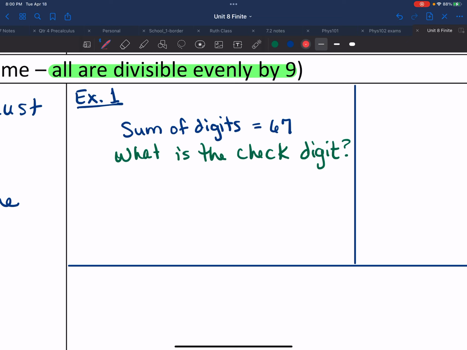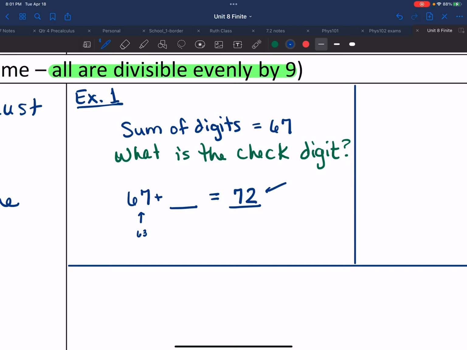All right, so I am going to write down that 67. My check digit is what I have to add to get to my next number that's divisible by 9. So I look at, okay, what number below this is divisible by 9? That would be 63. I know that 63 is divisible by 9, because 7 times 9 is 63. So I'm going to try 8 times 9, and 8 times 9 is 72.